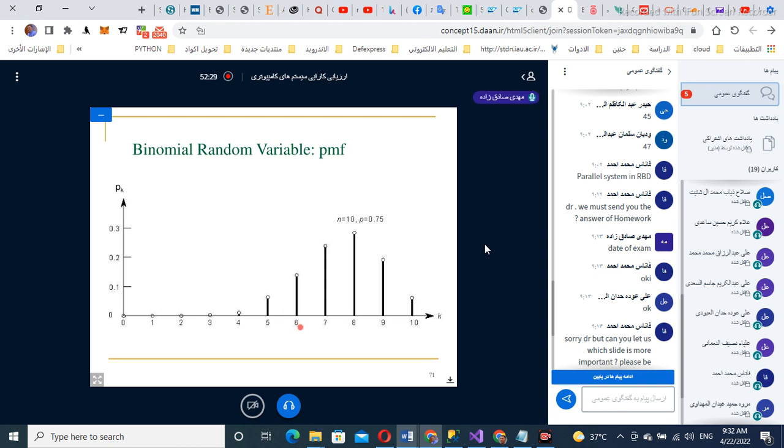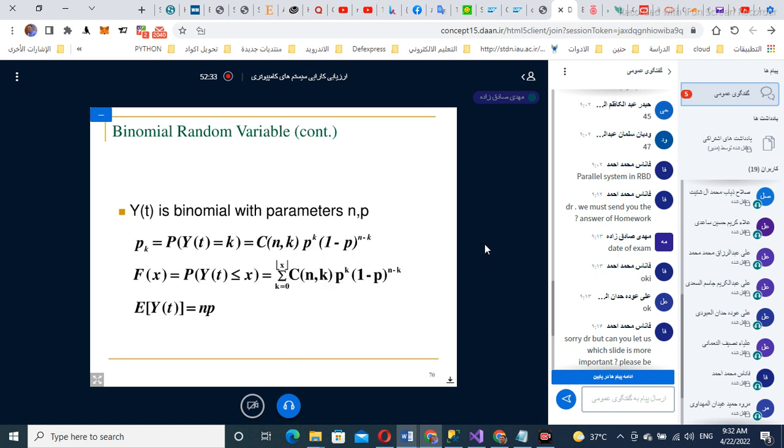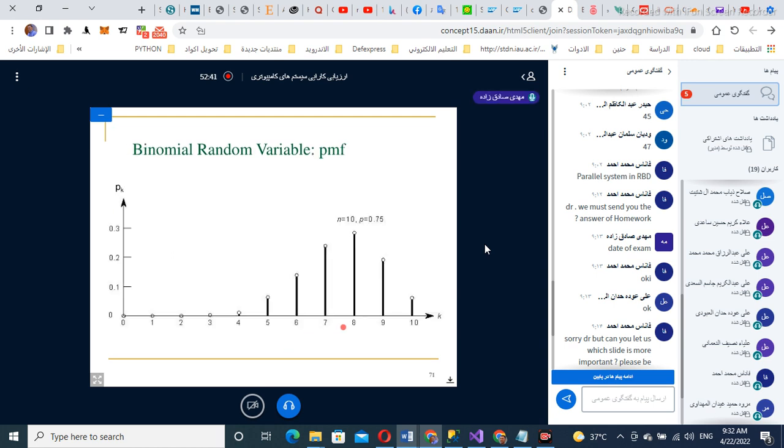And we can use this formula, p_k, combination of n and k. For example, combination of 8 from 10.